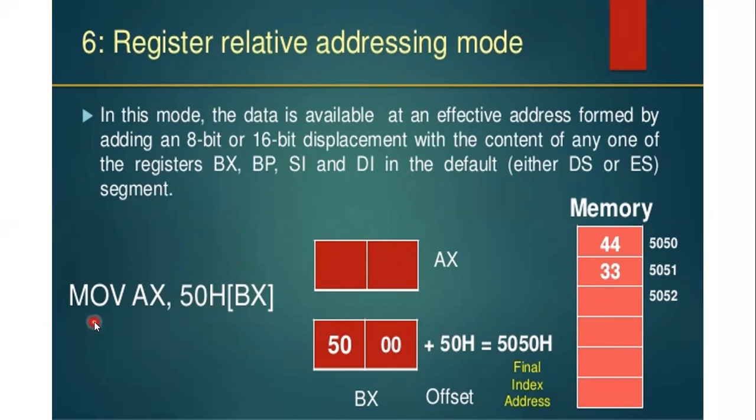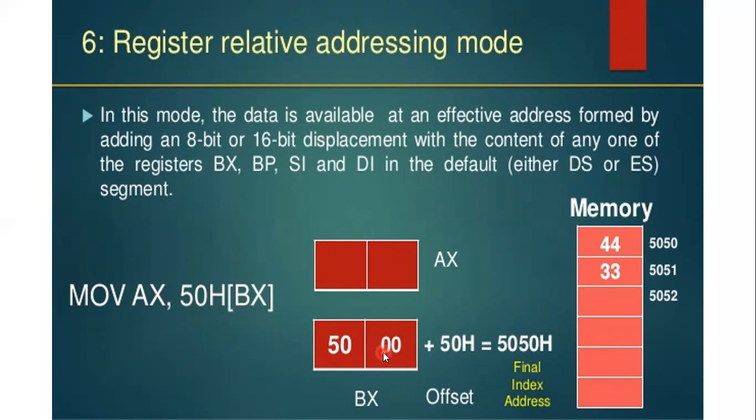So its syntax is MOV AX, 50H[BX]. Here BX is the address. So the 50 and then the BX.